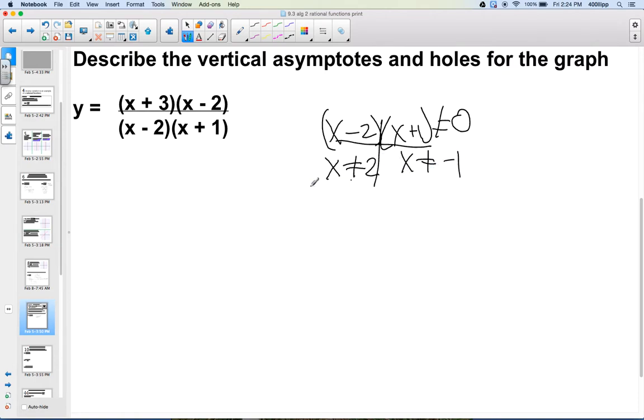Since we have these two, we first would originally say that they are vertical asymptotes, but now we're going to go back to the original problem here and cross out what we can.